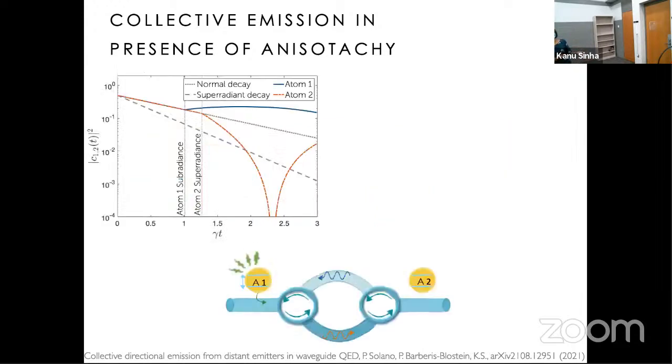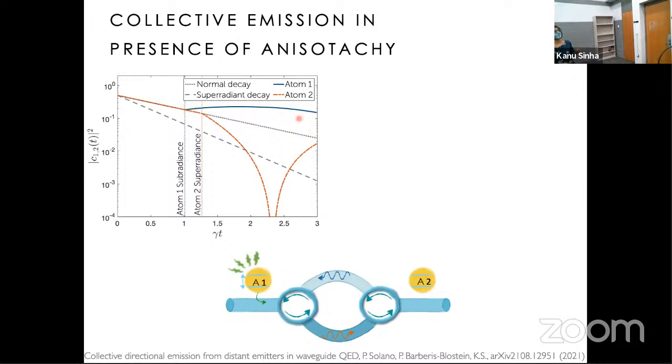And indeed, that's what we see. So here, for example, you can see in this picture that the onset of collective emission is not simultaneous. So the first atom sees the second atom first because the left going field is faster, and then it becomes subradiant. So that's the blue curve.